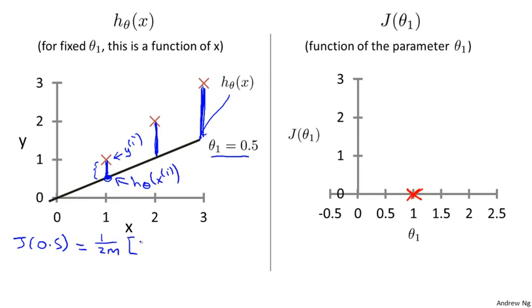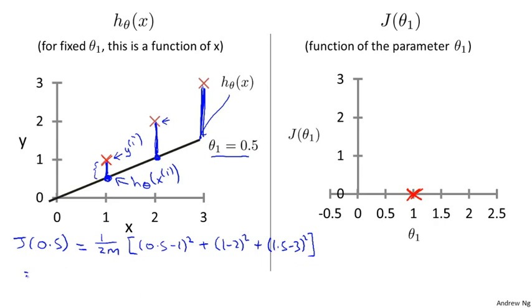So the first example is going to be 0.5 minus 1 squared, because my hypothesis predicted 0.5, whereas the actual value was 1. For my second example, I get 1 minus 2 squared, because my hypothesis predicted 1, but the actual housing price was 2. And then finally, plus 1.5 minus 3 squared.